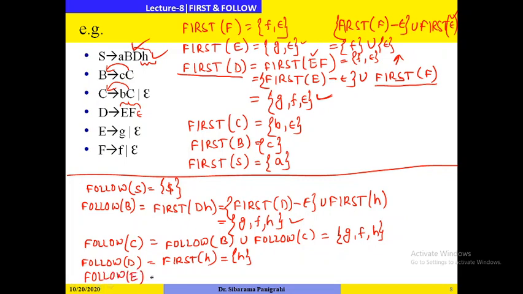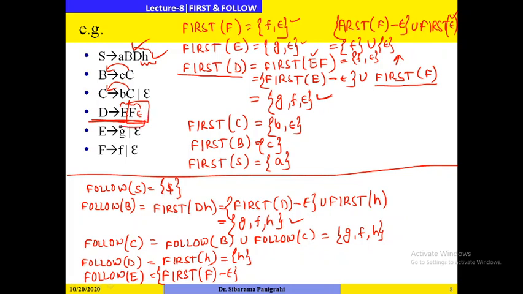Okay. Now similarly you can compute follow of E. What is the follow of E? You have to look at the productions whose right hand side contains E. So here you see this is the production whose right hand side contains E. So follow of E is nothing but first of F, and we have to see whether first of F contains epsilon or not. Yes, first of F contains epsilon. So what we will do? We will do first of F minus epsilon. So now here you see we are getting the end of the production.